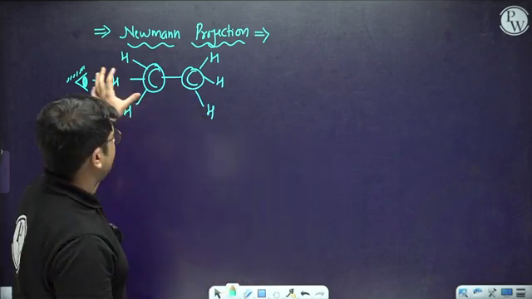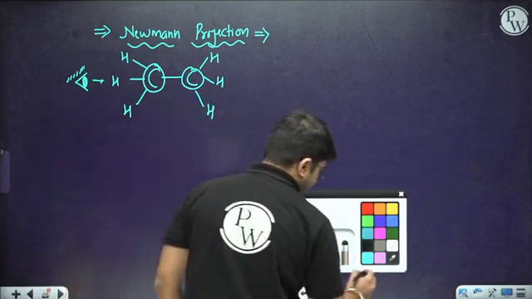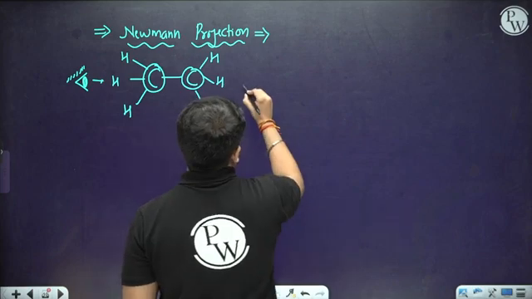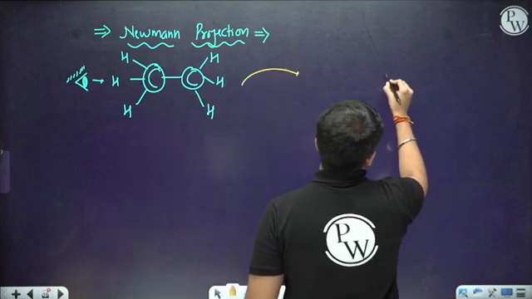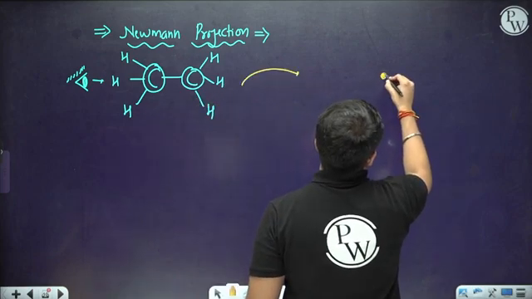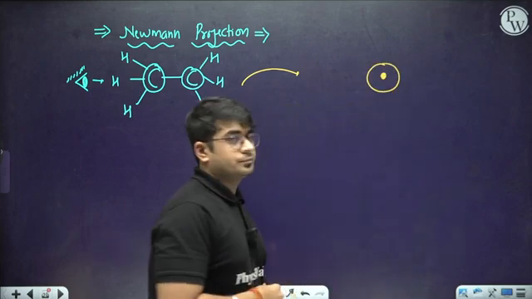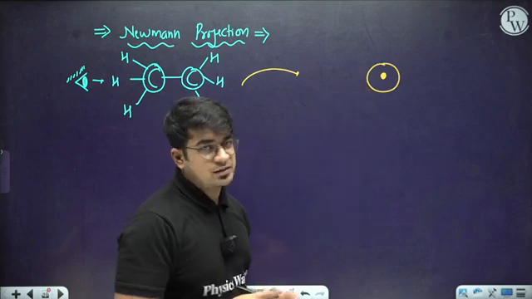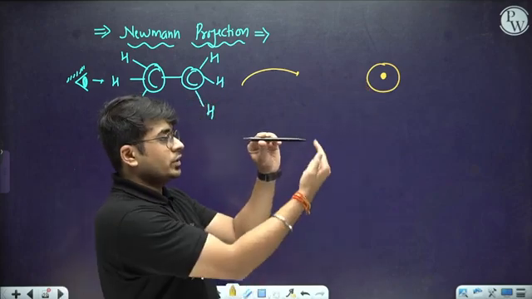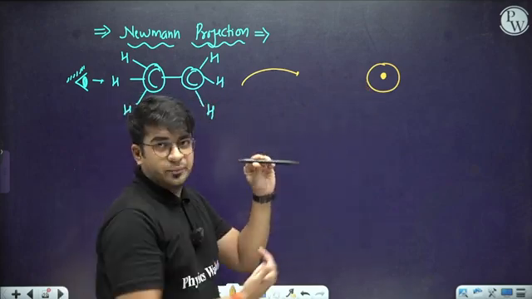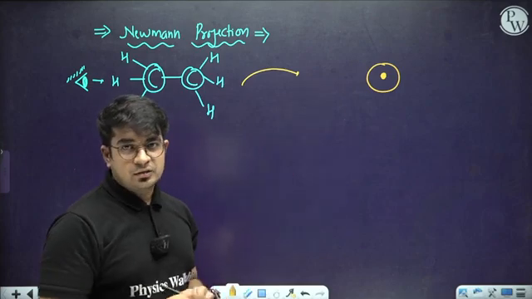So to represent the entire molecule, we have the front carbon, which is the pointed one, and this is the back carbon. The pointed one is the front carbon which you are seeing, and you can see a sphere-type thing which is the back carbon. So this is the first representation.